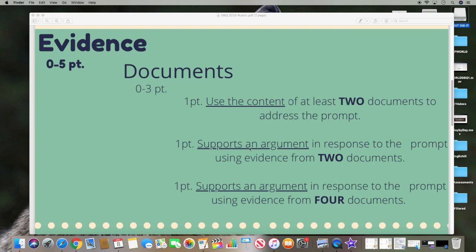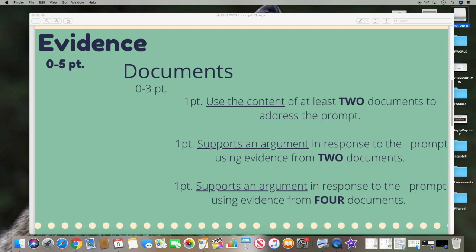The difference between use and support is that using is basically just summarizing the documents, whereas support is where you actually marry your argument to the document that you are using.